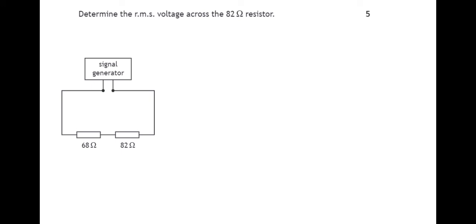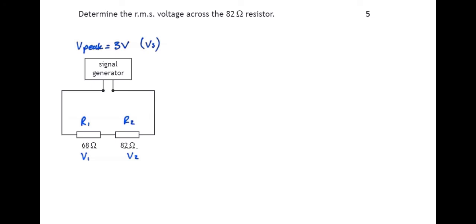We found out way back at the beginning of the question that the peak voltage being given from the signal generator was 3 volts. That is our supply voltage. We have two resistors, R1 and R2, and in any series circuit, the supply voltage will split between the components within the series circuit, a potential divider effectively, and give us a value of V1 and V2.